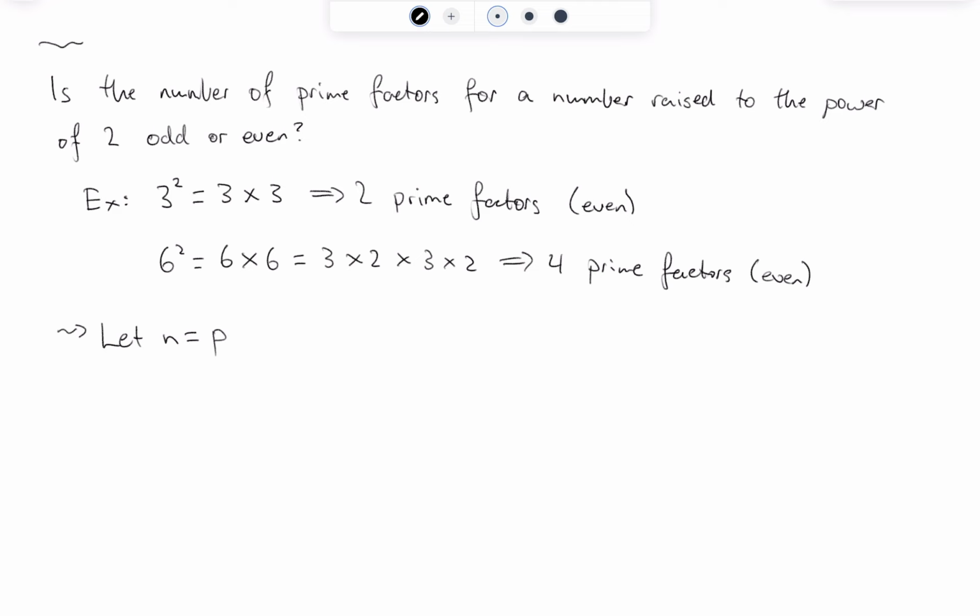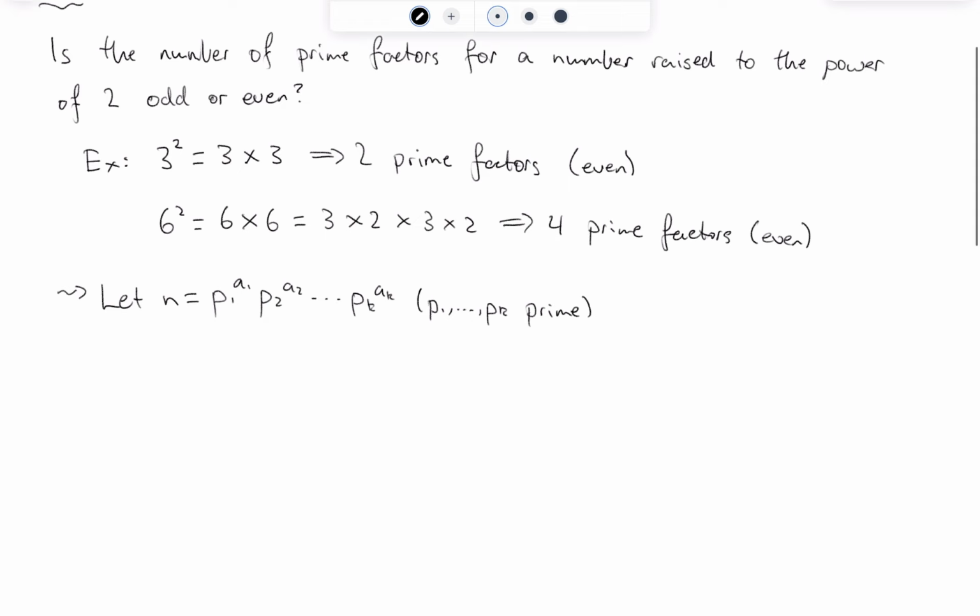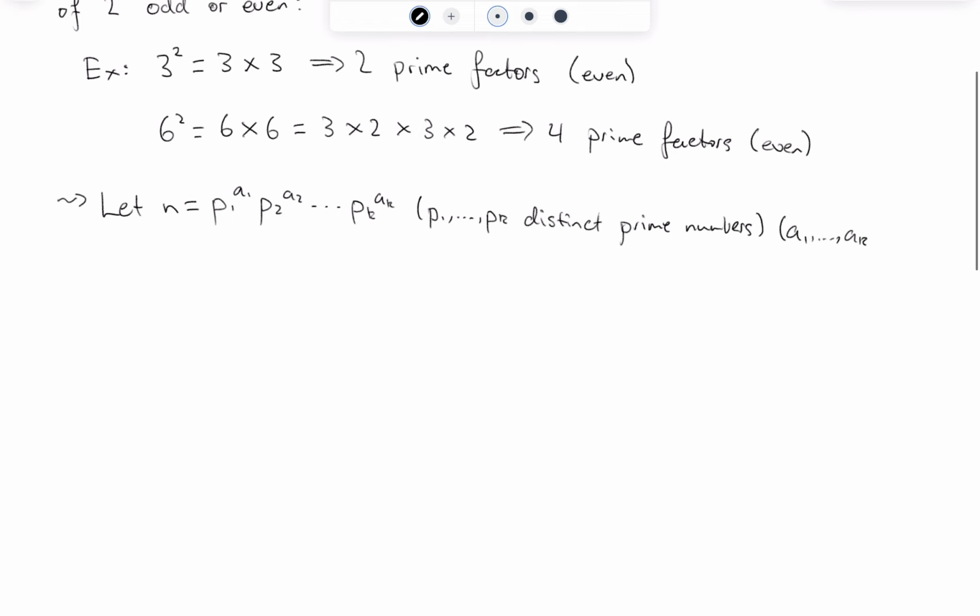So it can be factorized as p1 to the a1, p2 to the a2, and then you go all the way up to pk to the ak, where p1 up to pk are distinct prime numbers, and a1 to ak are integers. These are the powers of each prime.